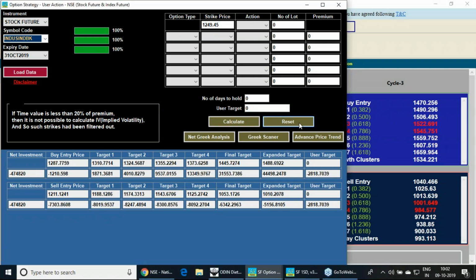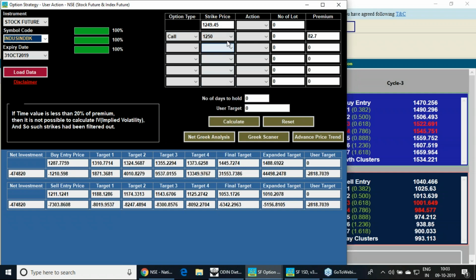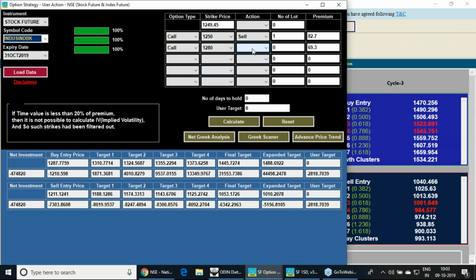wide wing butterfly also. Wide wing butterfly means you can buy call options of 1250. You can sell one lot of the call option of 1280, which we have taken at that time, so 40 rupees. So 4080 is there.